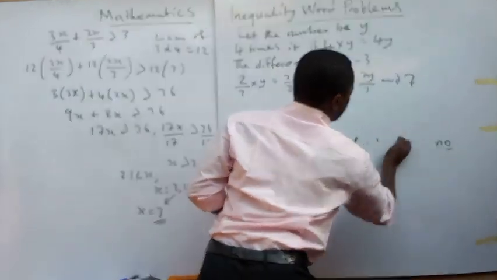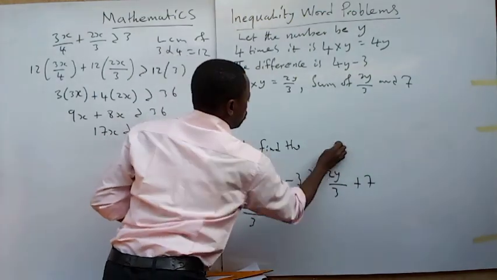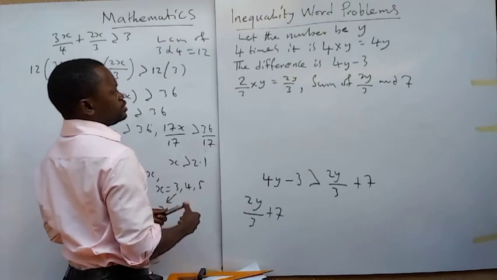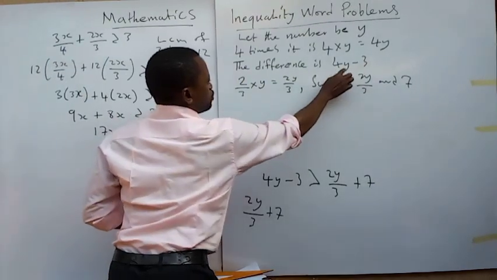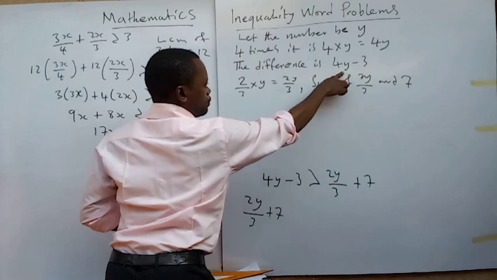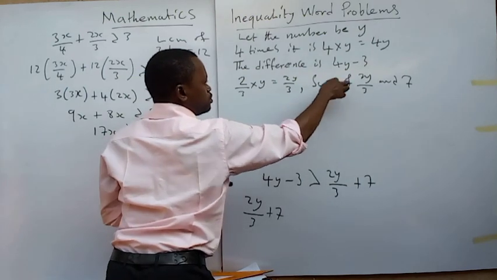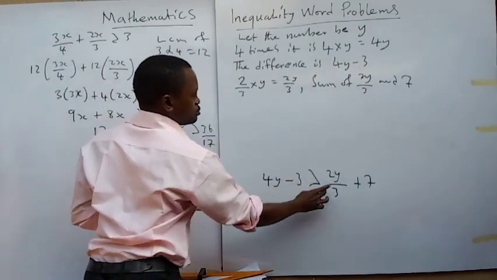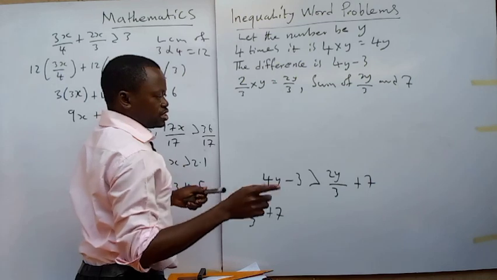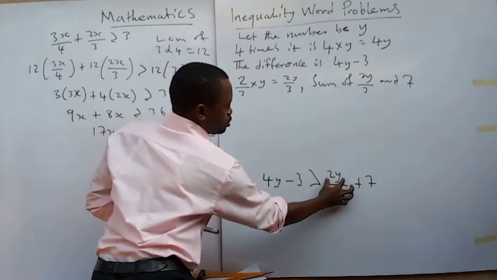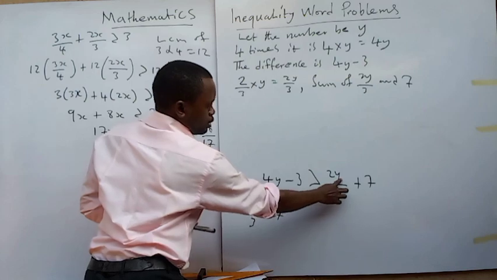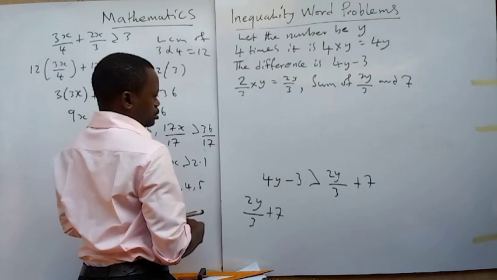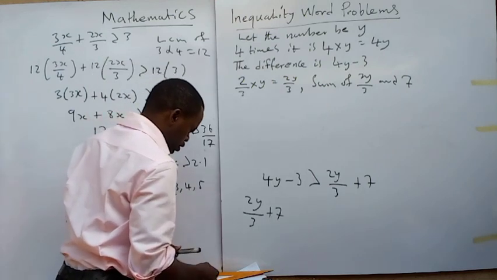Finally the statement is saying this: 4 times a number, the difference between that and 3, is greater than 2/3 of the number and 7, meaning 2y over 3 plus 7. So this is greater than this. Okay, and then what was the question they asked there?